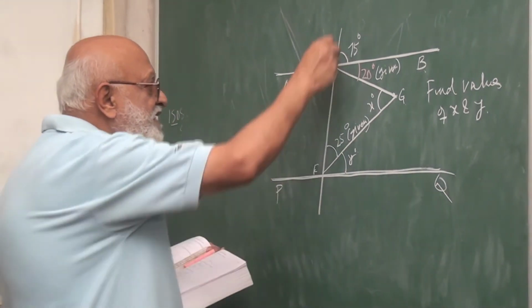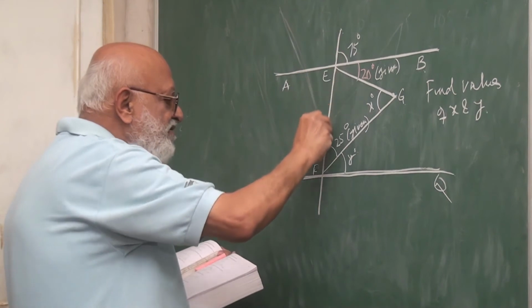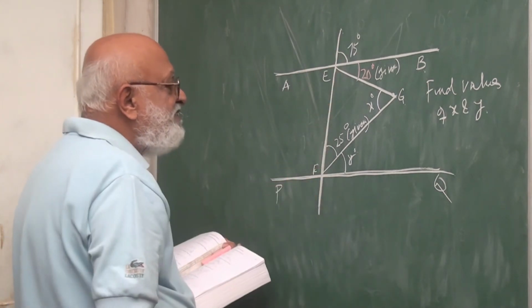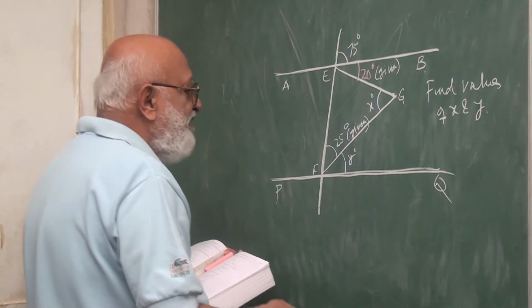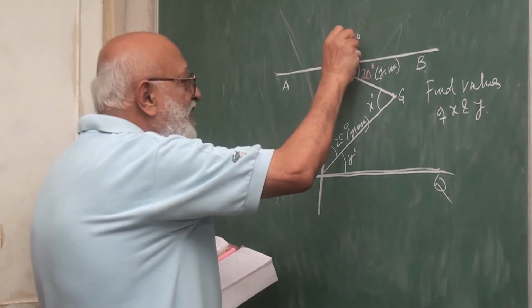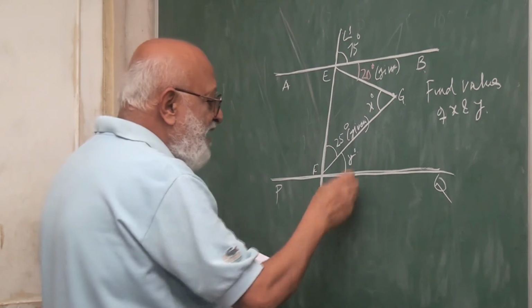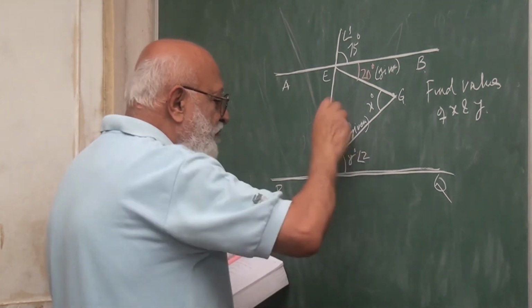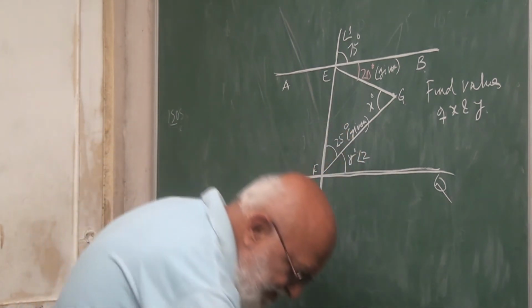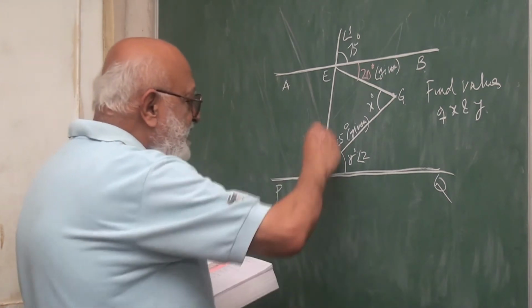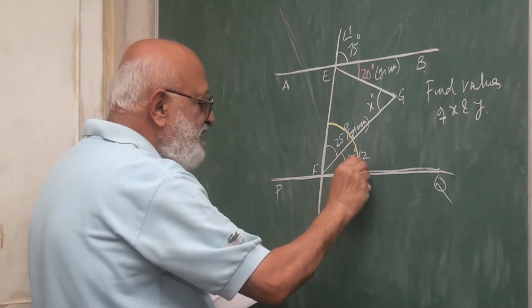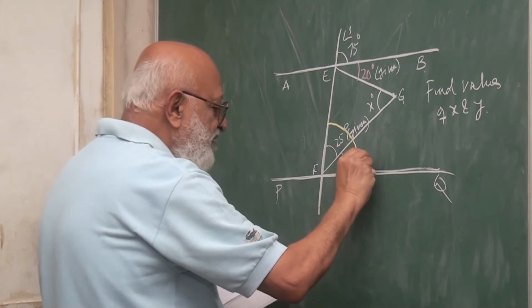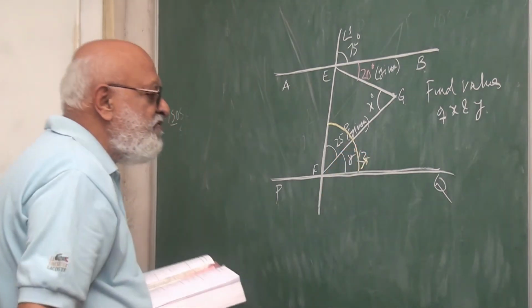So first, this angle 75, let us call it angle 1, and let's call this whole angle, angle 2.